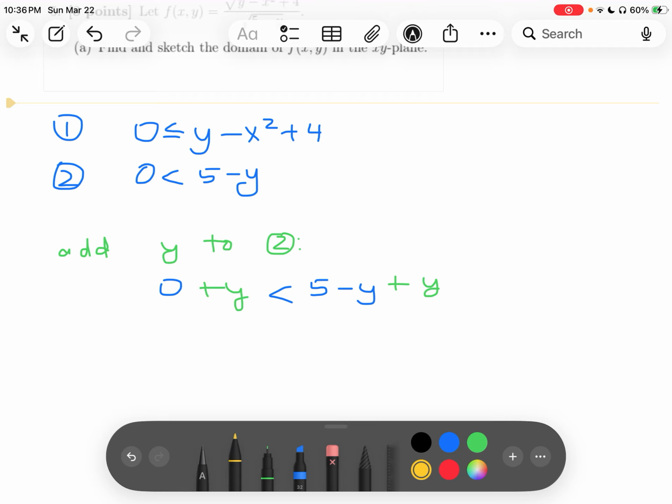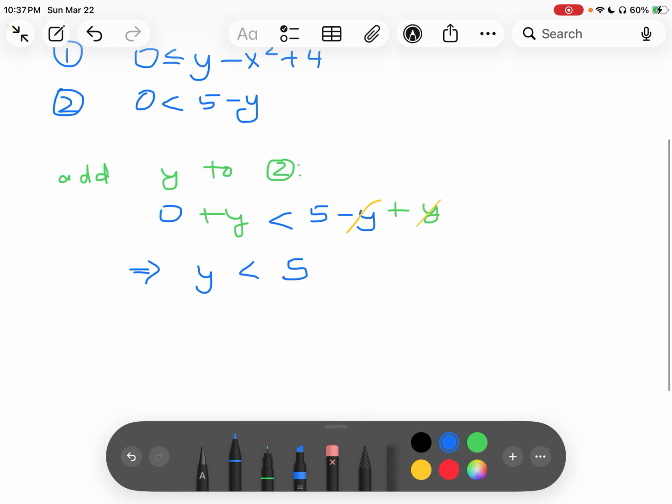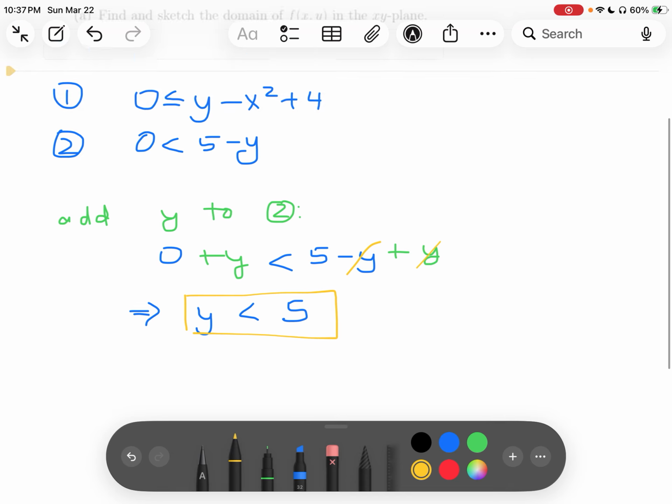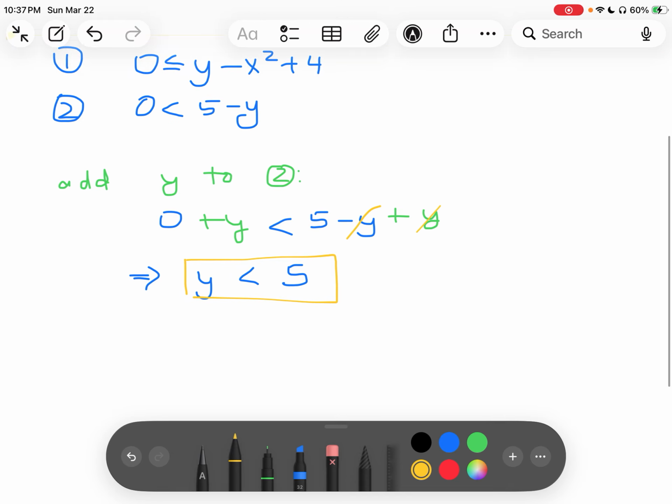And when we add y, what I'm doing is we really want to cancel out the y's and bring the y to the other side. So now simplifying, we have y is less than 5, okay? So we have another inequality. Now we're going to use this and put it into number 1.